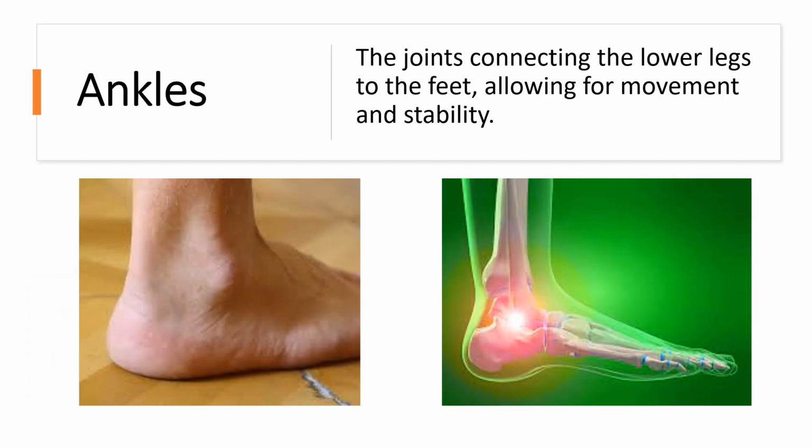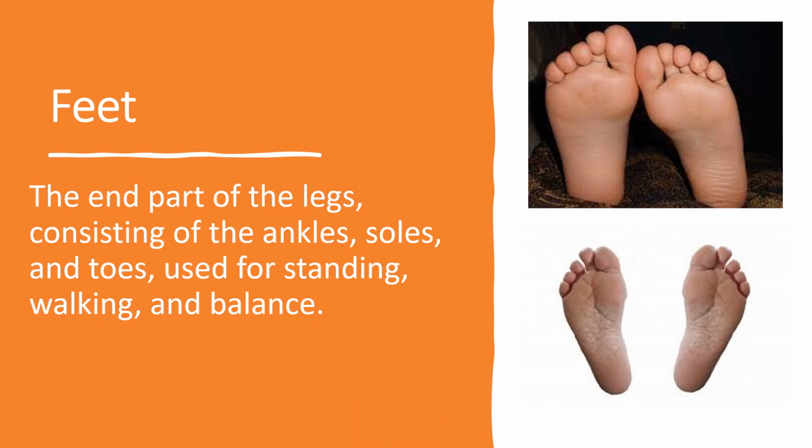Ankles. The joints connecting the lower legs to the feet, allowing for the movement and stability. Feet. The end part of the legs consisting of the ankles, soles and toes used for standing, walking and balance.